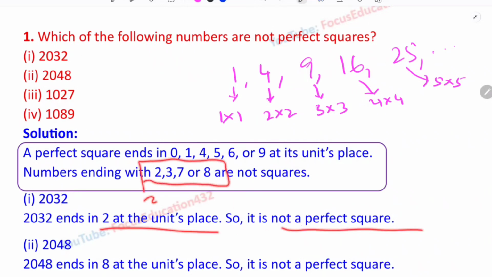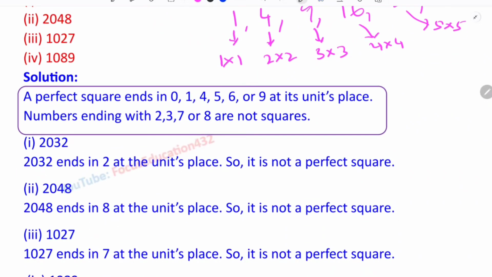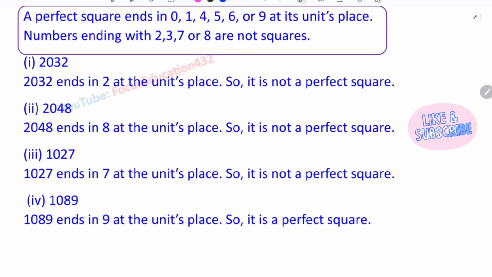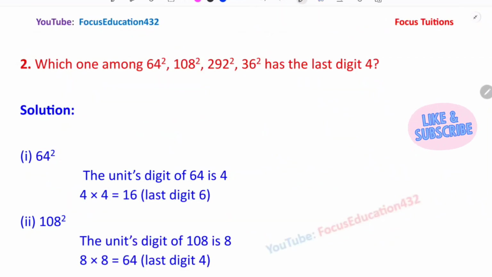Check this one. 2048 is not a perfect square because it ends with 8. 1027, the third one, has 7 at the units place, so it is not a perfect square. 1089 ends with 9, so it may be a perfect square. We cannot say for sure, but it can be a perfect square, since 3 threes are 9.